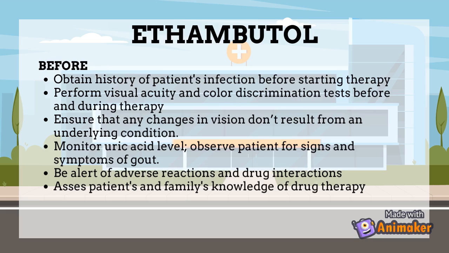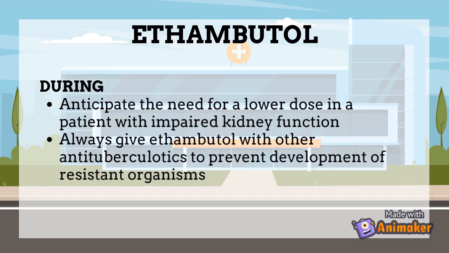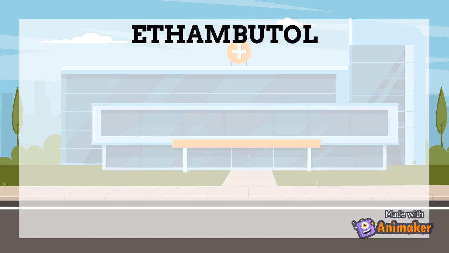The nurse must be alert for adverse reactions and drug interactions and assess the patient's and family's knowledge of drug therapy. So during administration, the nurse must anticipate the need for a lower dose in a patient with impaired kidney function. The nurse must always give ethambutol with other antituberculotics to prevent the development of resistant organisms.